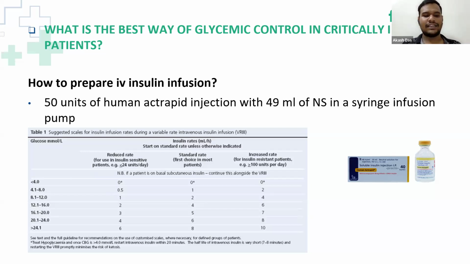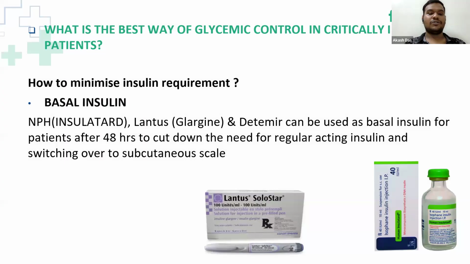Okay, so here is an example of a variable rate intravenous infusion. In this you can see, based on the glucose, how many ml per hour or how many units per hour of Actrapid insulin you can give to your patient. Okay, so next thing. How to minimize this insulin requirement?